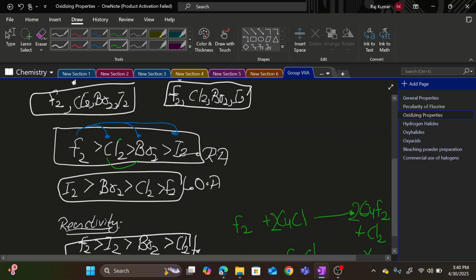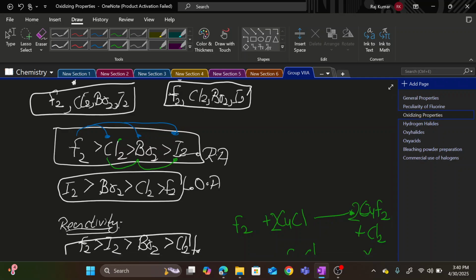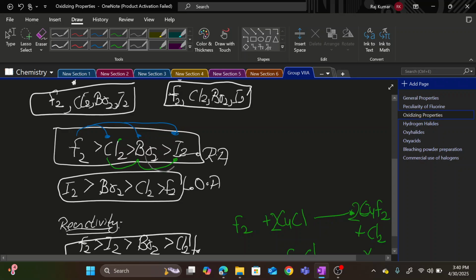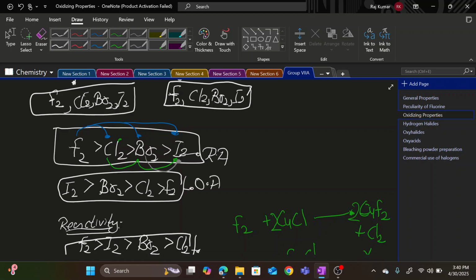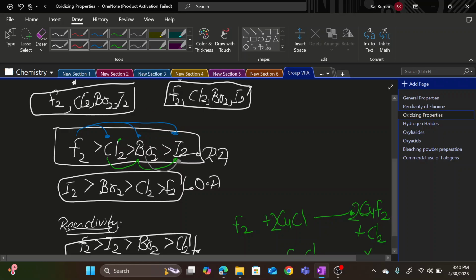Chlorine can displace bromine and iodine, and bromine can displace only and only iodine, and iodine cannot displace anyone. But chlorine cannot displace fluorine, bromine cannot displace chlorine, iodine cannot displace all three of them.